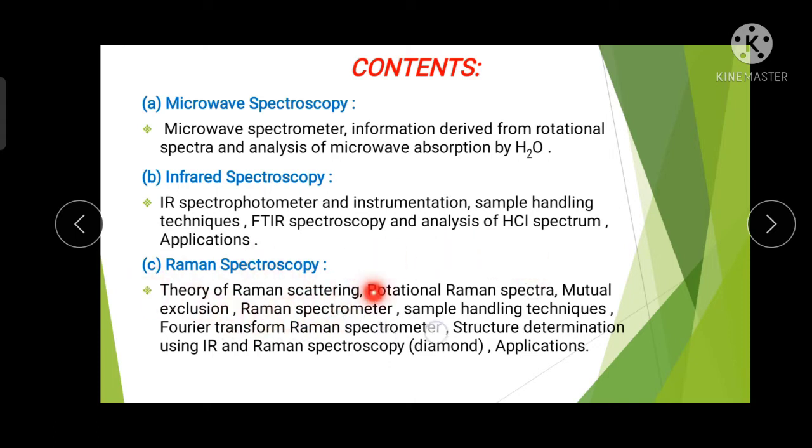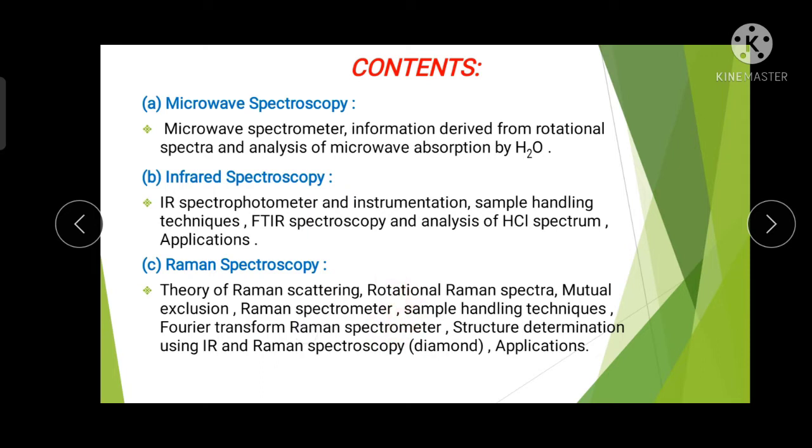After that there is rotational Raman spectra. There are again two types of theoretical treatment, according to quantum mechanics and according to classical theory, and accordingly we will study the rotational Raman spectra. Then there is a different concept, mutual exclusion. After that there is the Raman spectrometer, that means how we get the Raman spectra with the help of the Raman spectrometer.